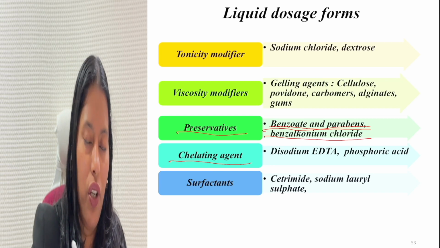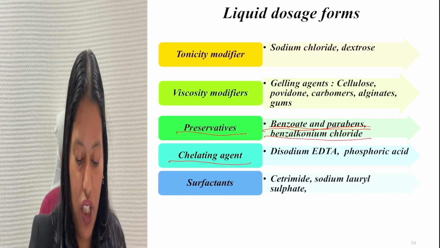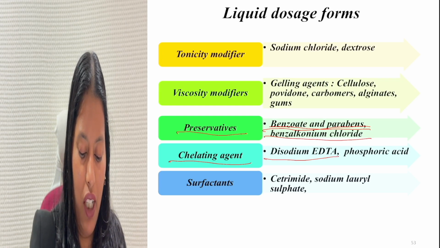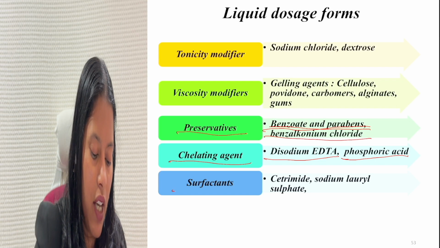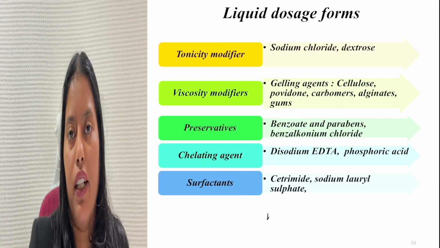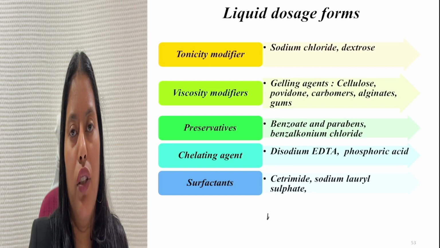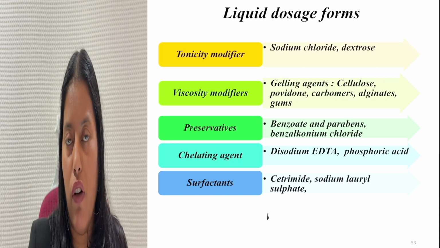Chelating agents are used to bind with metallic impurities. Disodium EDTA and phosphoric acid are used as chelating agents. Then surfactants or the emulsifiers. You have various surfactants and emulsifiers which you can use. Surfactants and emulsifiers are used to make emulsions and to increase solubility of the drug.